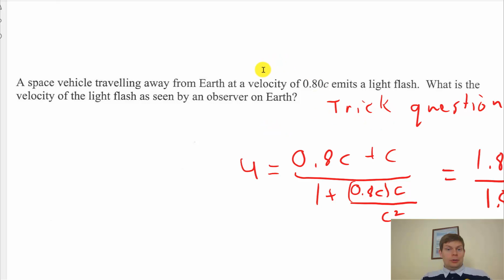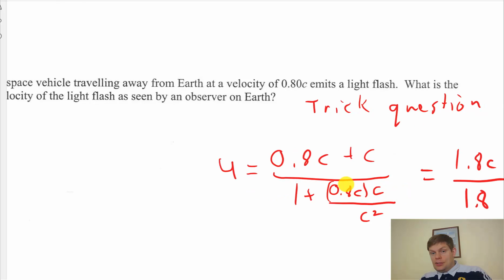Really, the way I would like you to solve it is to say: well, the second postulate of relativity states that the speed of light is the same for all observers. It is always 3 times 10 to the 8 meters per second in a vacuum. So it doesn't matter what space vehicle launched this, everyone will perceive it moving at the speed of light.